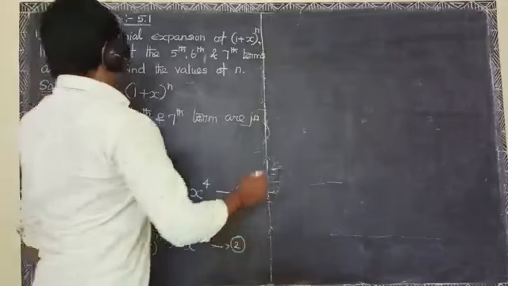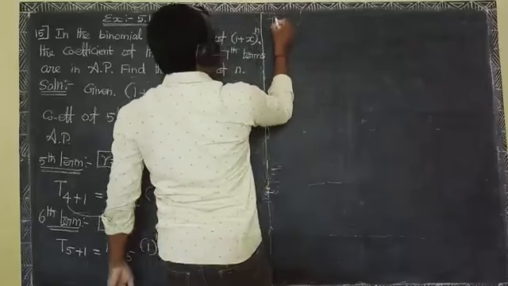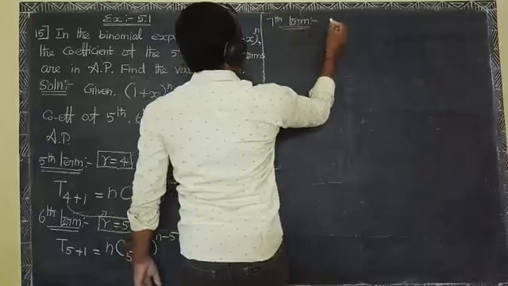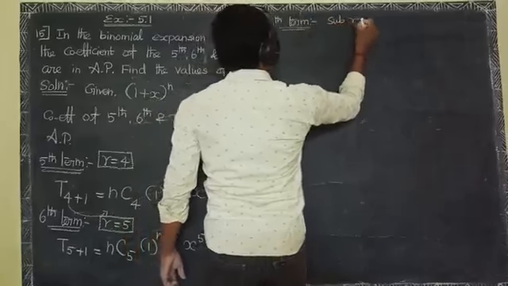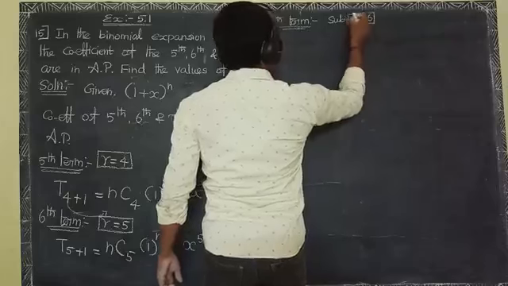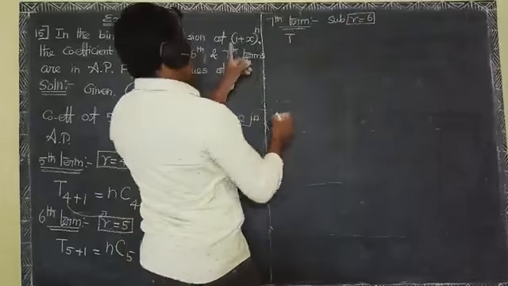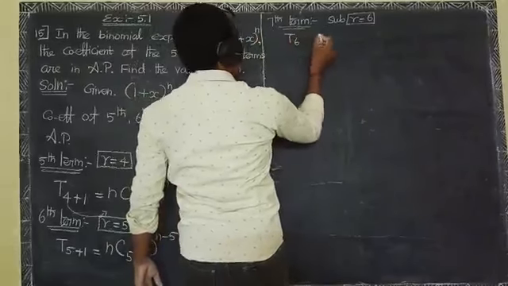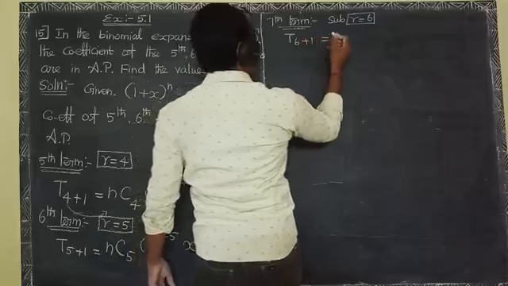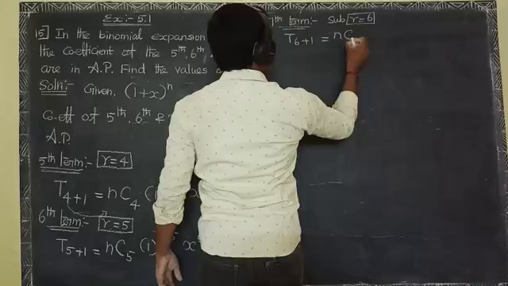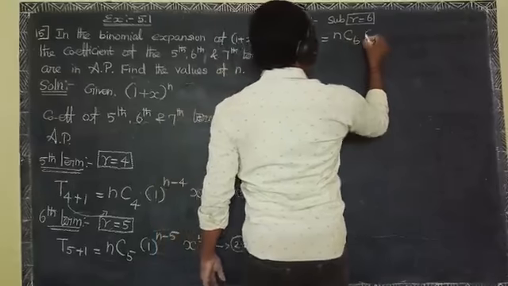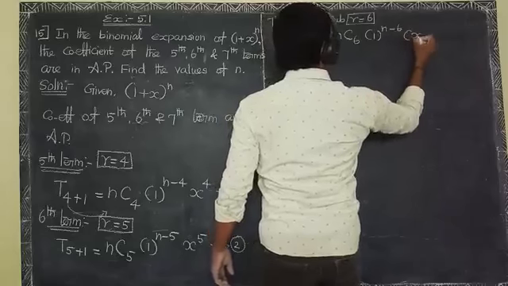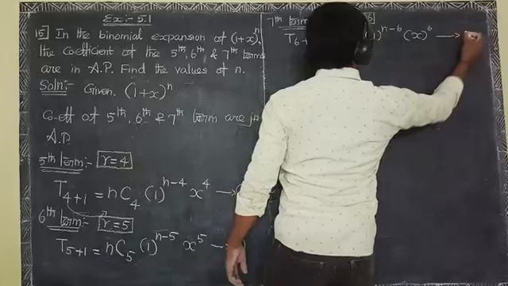Next, find the seventh term. Substitute r = 6, we get the seventh term of the expansion (1 + x)^n. T(6+1) equals nC6 1^(n-6) x^6. This is equation number 3.